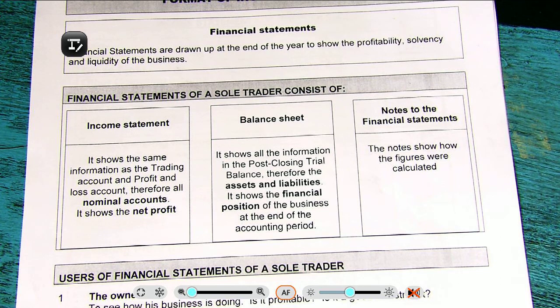Mrs. Malberg and I have been talking, and we decided to skip trading and profit and loss and just go straight to income statements, because basically what you do in trading account and profit and loss, we do in the income statement. We're going to teach it all together at the same time. So don't worry that we haven't done trading accounts and profit and loss. It's basically what we're going to do now.